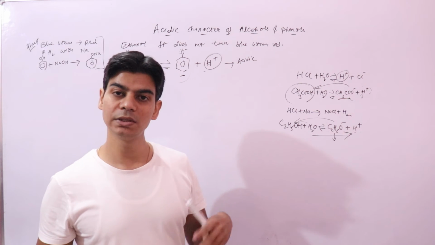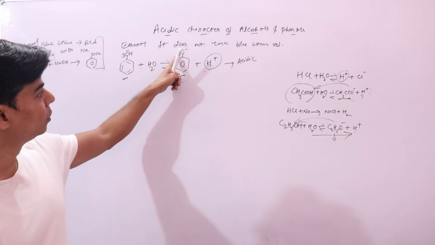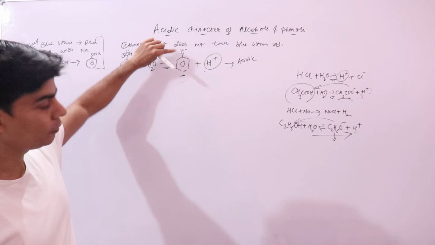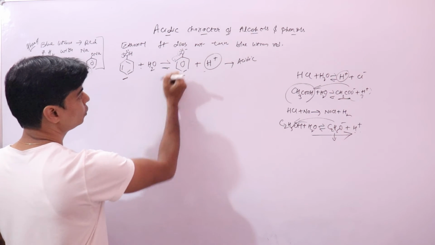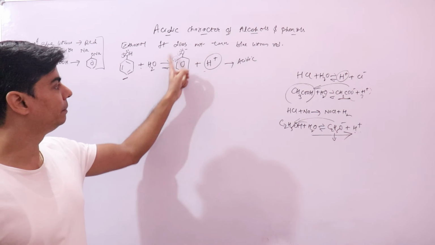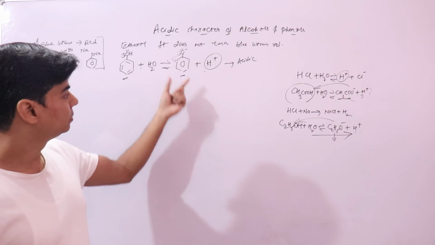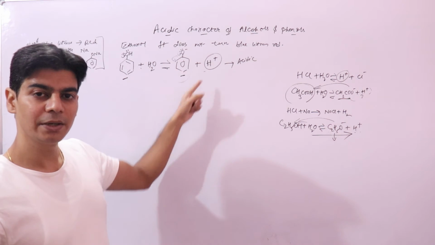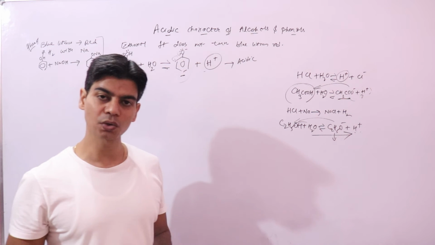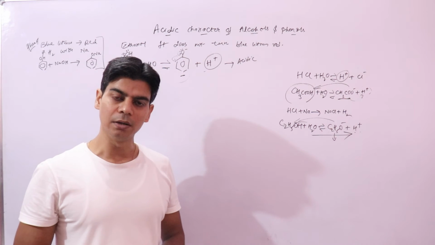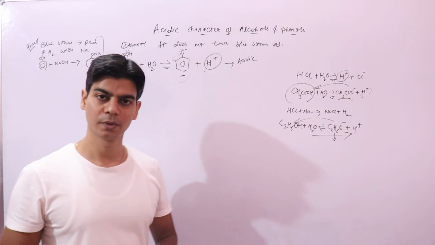Phenol is resonance stabilized. Similarly, if you look at this phenoxide ion, on phenoxide ion also you have these lone pairs of electrons that can enter into resonance or conjugation with the benzene ring. That adds to the stability of this phenoxide ion. That means this phenoxide ion is also stable due to resonance.